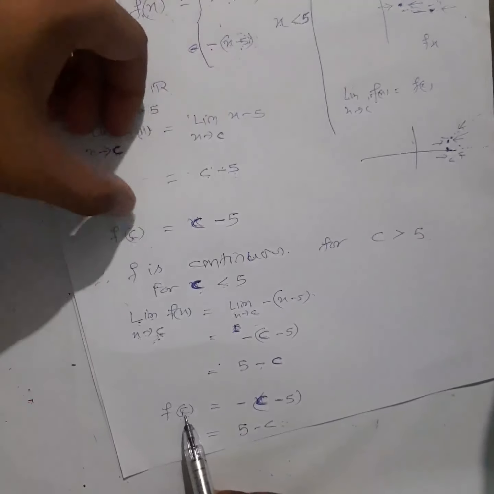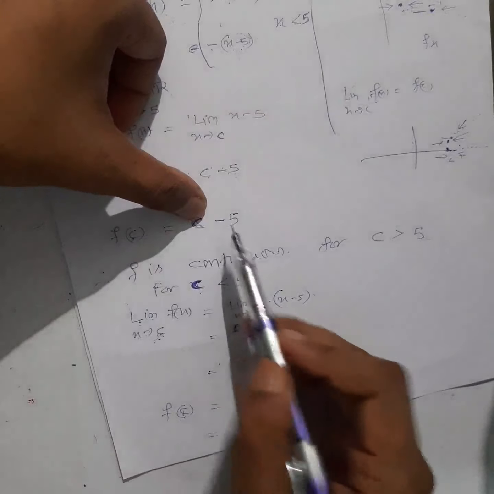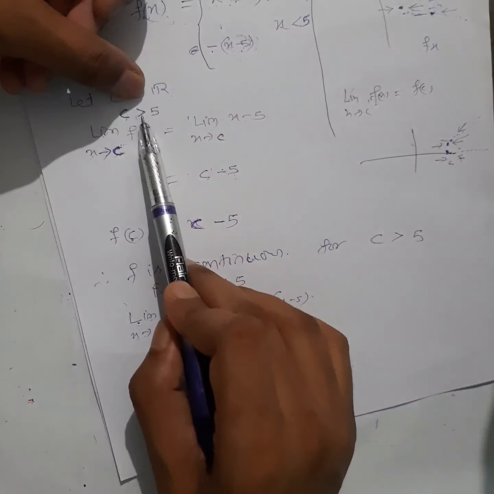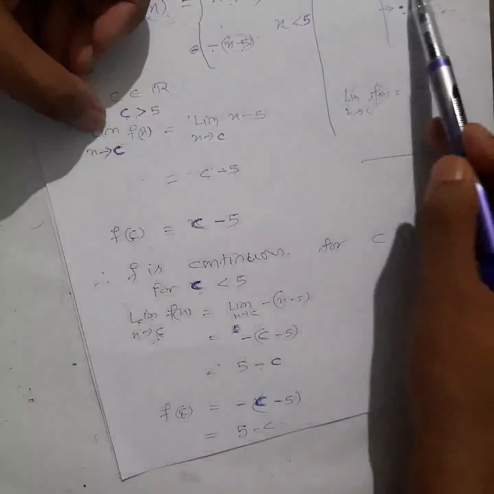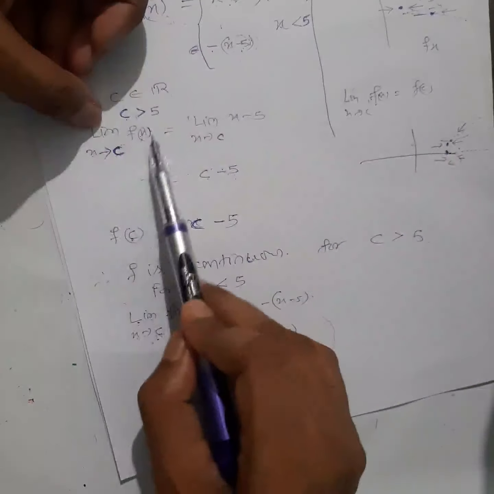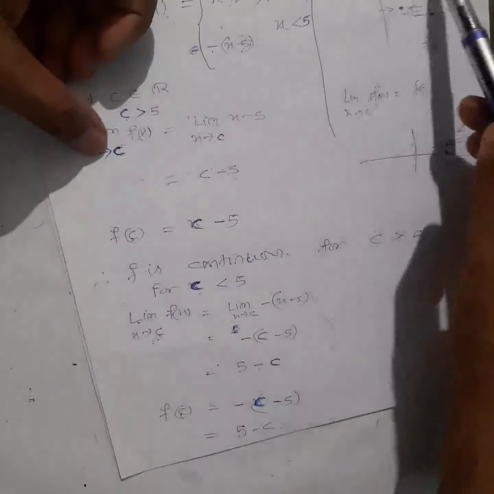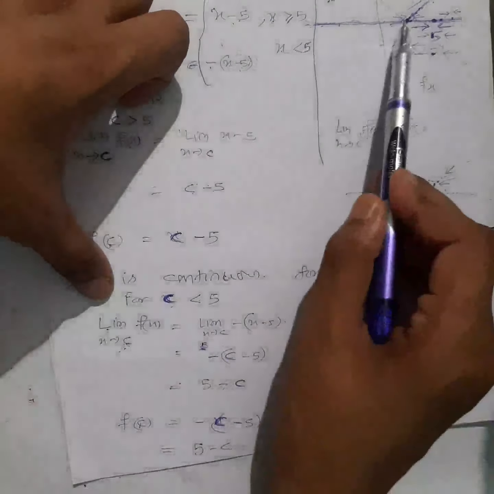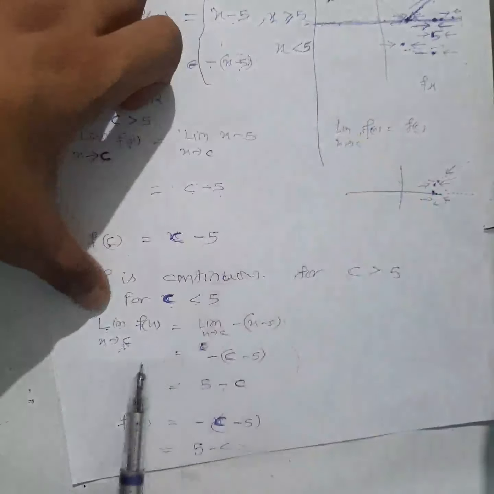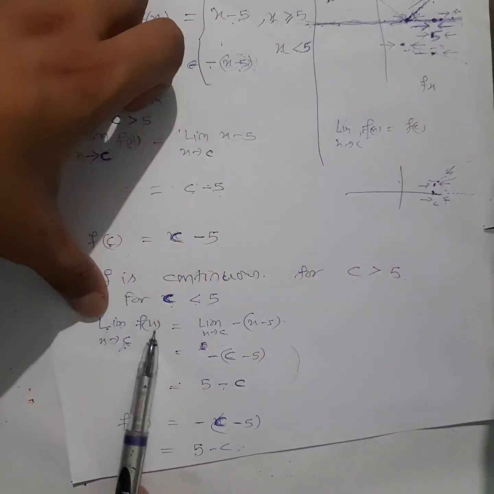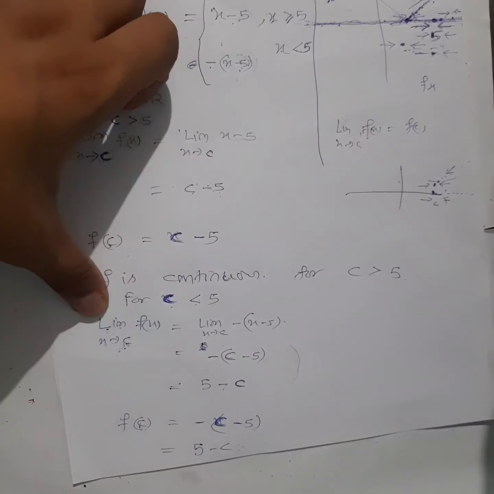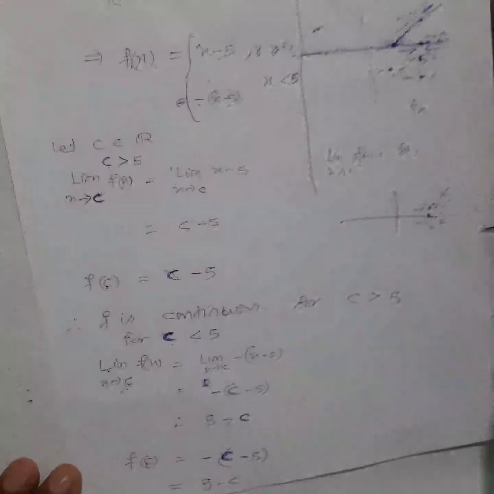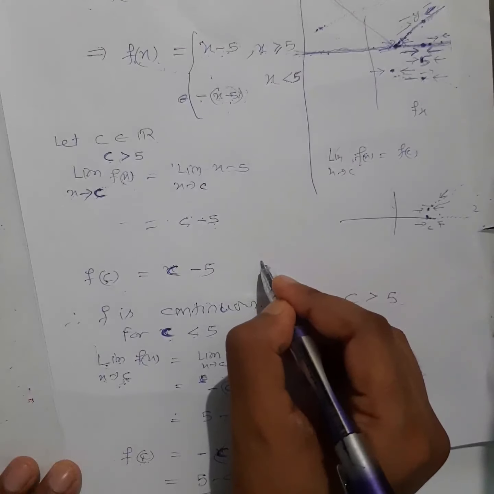So means what? You can see f(c) also I found out, means see here, c greater than 5, for this portion I got this equal to this one, means I got the graph does not break here. For c less than 5 also I have got the graph does not break. How did I know that? Limit fx is equal to f(c). This was the definition of a continuous function. Remember that. So better I will write it down here.